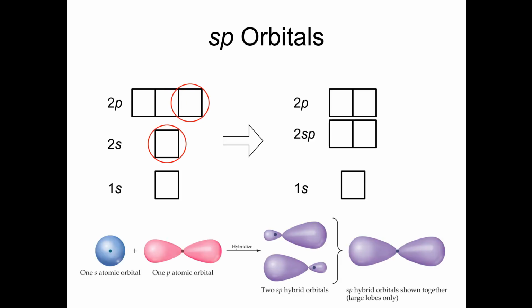And finally, sp hybridization gives you 2 hybrid orbitals in a linear arrangement, and so that's what you're going to use when you've got a central atom with 2 electron domains.